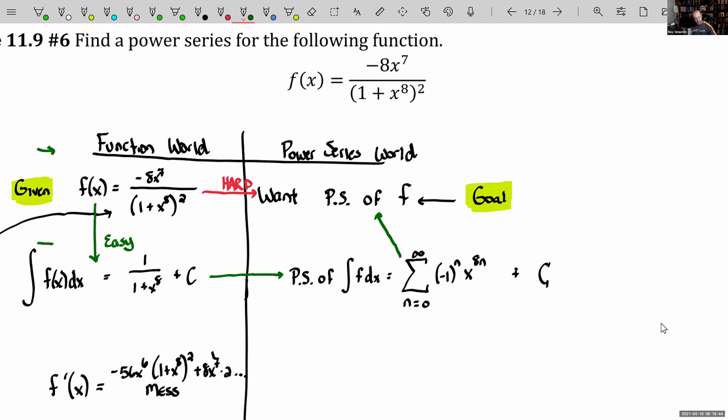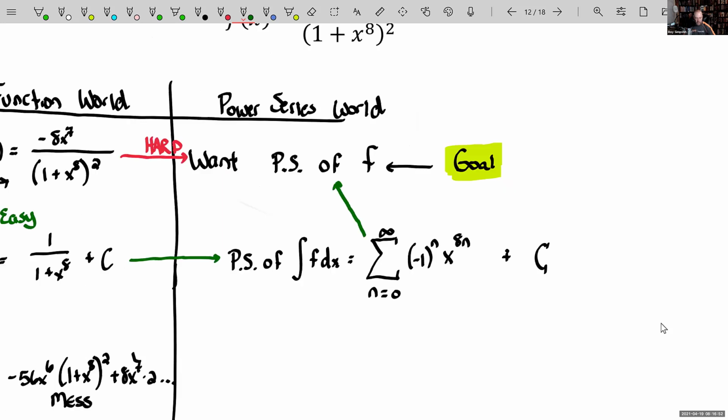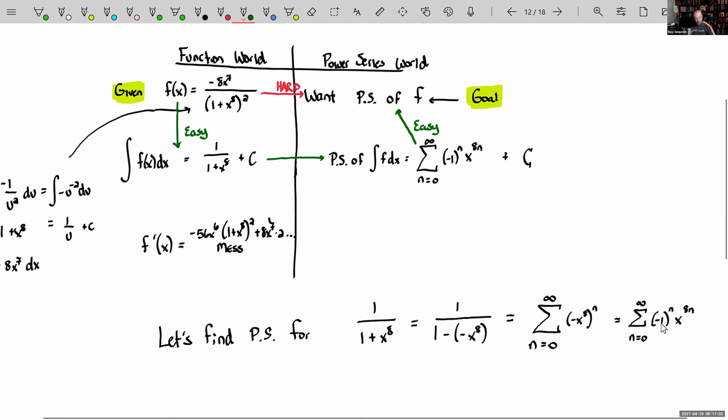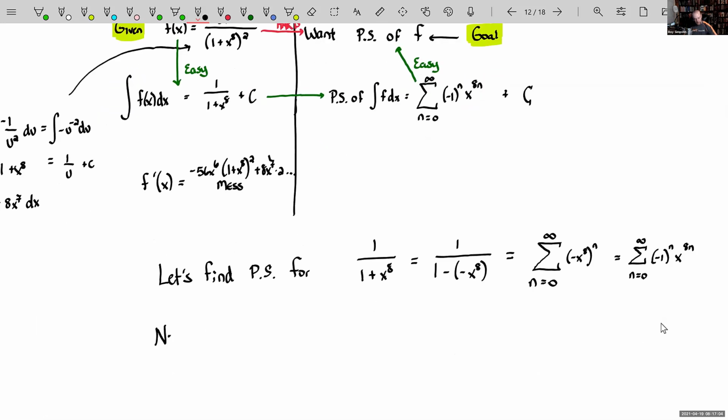And if I needed to take derivatives, I would have put it below, just because I like that visual of the ladder of calculus. But for right now, this works. So if I want to differentiate this power series, that'll be an easy move. Let's go ahead and now differentiate the power series of the integral of f.